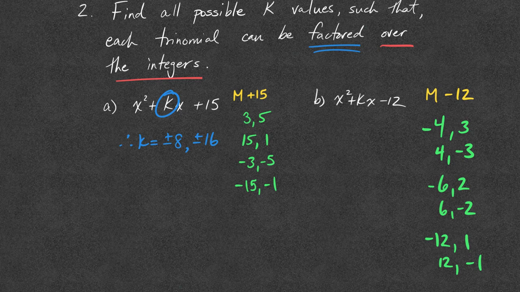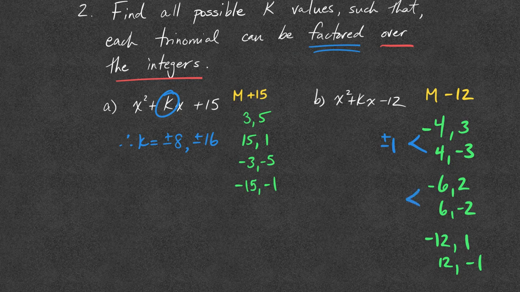And what that can allow me to do is to come up with some quick sums between the two. Take a look at the first two that both include our 4s and 3s. If I put a negative 4 and a positive 3 together, I get a negative 1. But if I put a positive 4 and a negative 3 together, I get a positive 1. And I can come up with my plus or minus 1 right away.